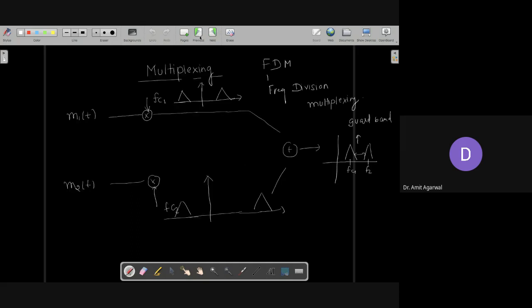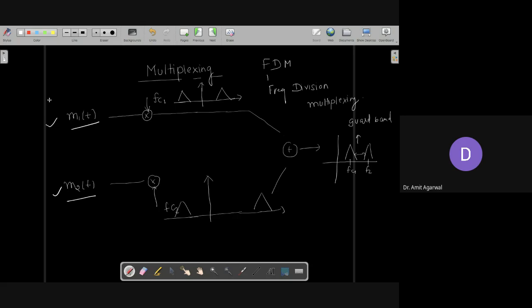Okay. So now our question is, if you want to send two signals, either by angle modulation or by amplitude modulation, over the same channel, how would you do that?